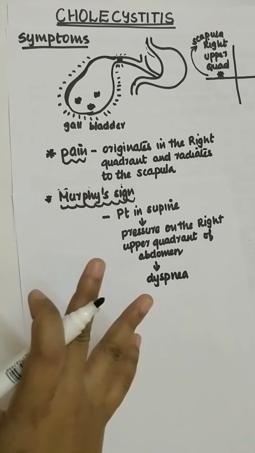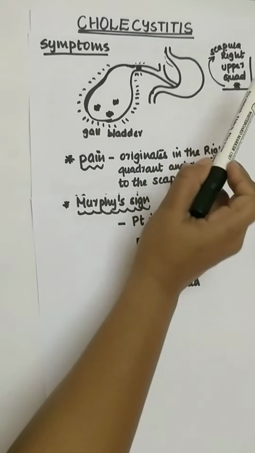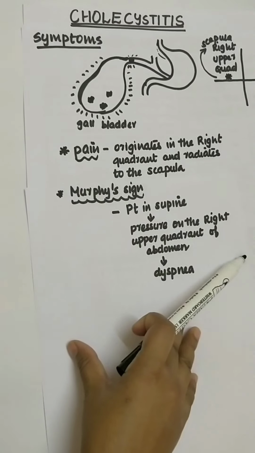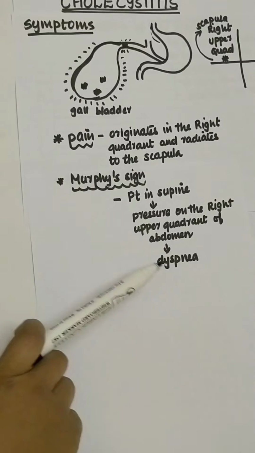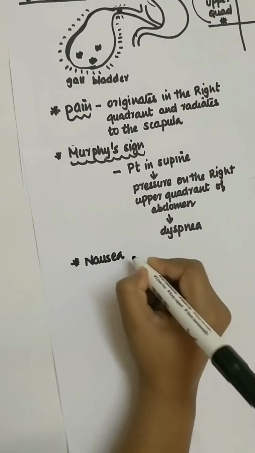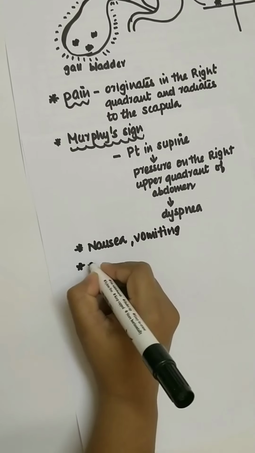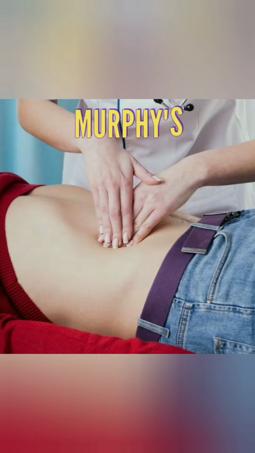That is Murphy's sign. So, there will be pain in the right upper quadrant that will radiate to the scapula, and then the patient will have dyspnea. And the other symptoms are nausea, vomiting and fever. This is a picture showing Murphy's sign.